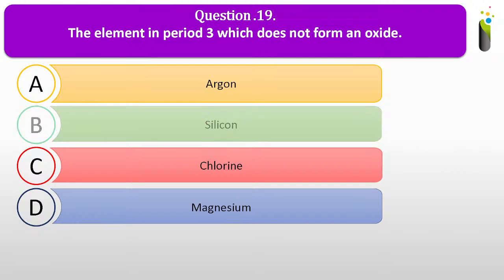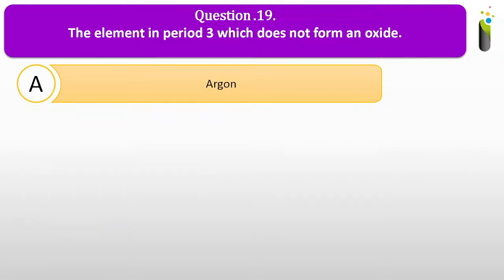Now, the answer for this is the element in period 3 which does not form an oxide is argon.